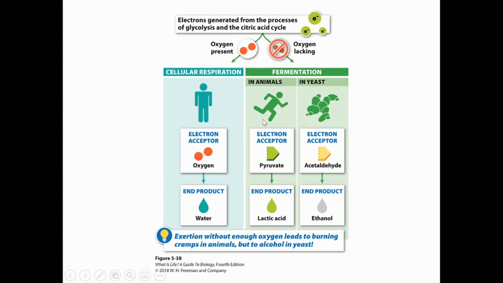In animals like ourselves, our electron acceptor is pyruvate, but that produces lactic acid. Now, as animals, we cannot do that long term, and so we have to either get oxygen present or we have to stop doing whatever we're doing. However, if you are yeast, your electron acceptor is acetaldehyde. Acetaldehyde, when it accepts those electrons, will end up with an end product called ethanol, or drinking alcohol.